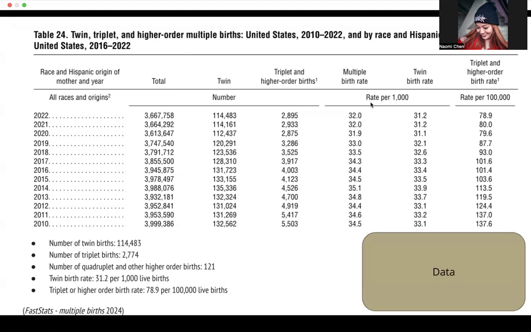Like we can tell, the multiple birth rate from 2010 to 2022 goes from 31.9% to 35.1%, and the twin birth rate from 31.1% to 33.9%. So it does not change a lot, it keeps the consistency, which is interesting.